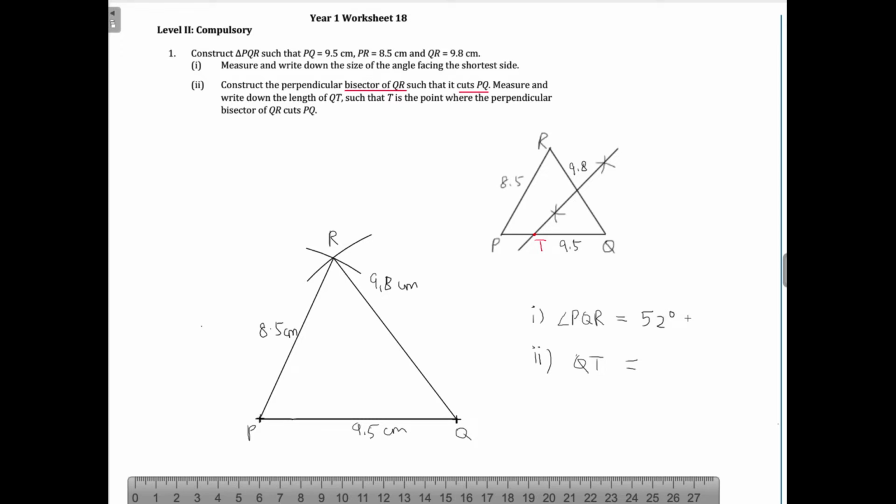And now we have to construct the bisector of QR. What we need to do is to bring the compass to the point Q and take a distance of slightly more than half of the line QR.